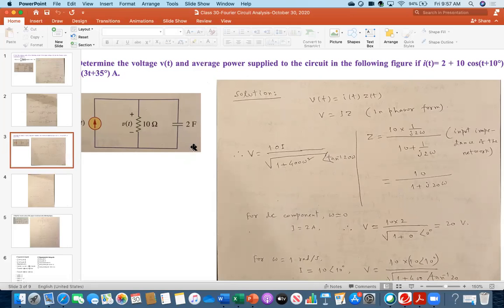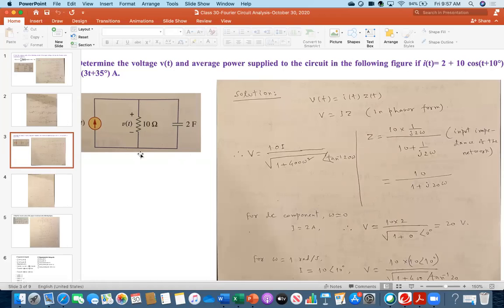If you remember the voltage and current relationship across a capacitor and inductor, in both cases the phase angle is 90 degrees. So the average for VI cosine theta is cosine 90 degrees. Therefore in an AC circuit, a capacitor never consumes any power, and an inductor never consumes any power. So the only power consumption is by the resistor.